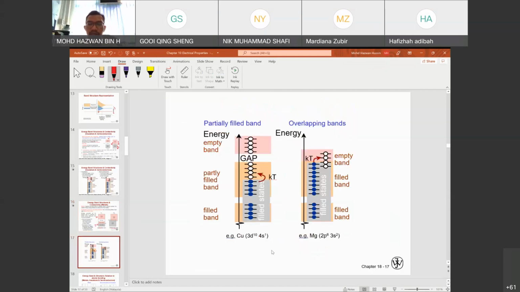Copper. So what would be the electron configuration of copper? What is its proton number, the atomic number? Copper is actually 29.